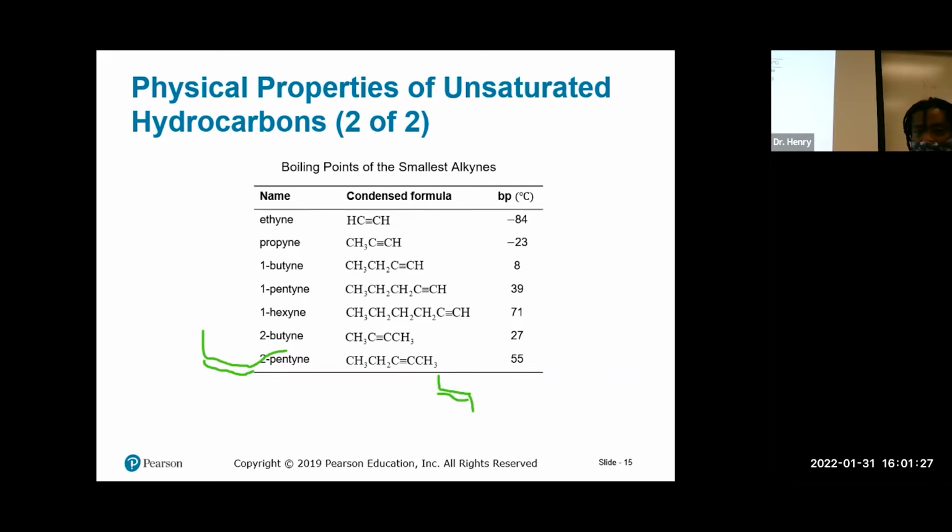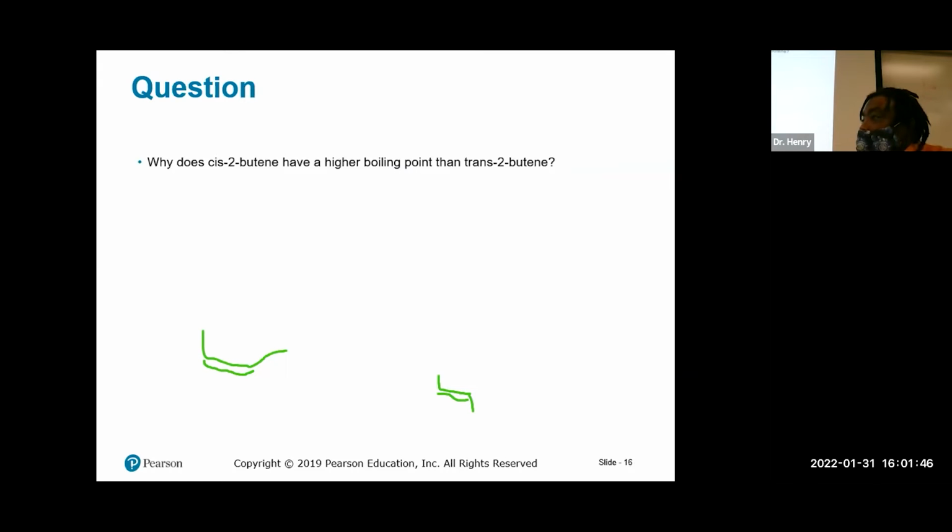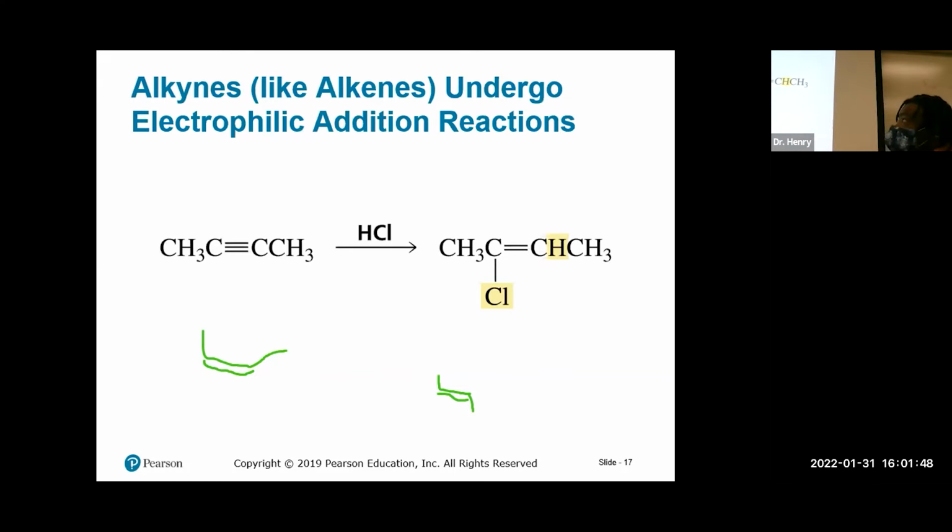So if we look at the 2-butyne compared to that, which is 27. Okay. So you guys kind of understand that, and you can see the reason why, right? Okay, and that was my question for you guys. So. Okay, so let's move on.